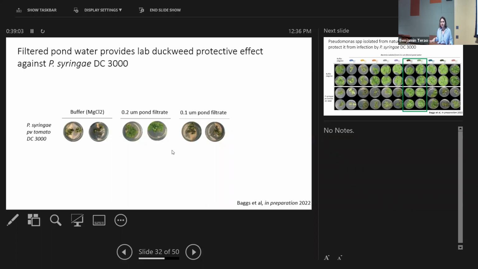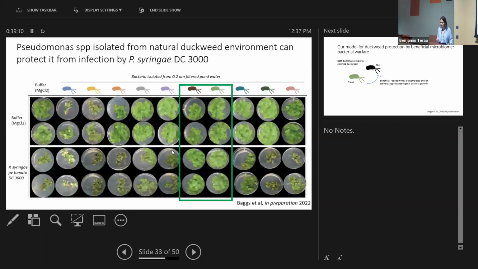So Aaron plated the 0.2 filtrate. There were bacteria in it. She then isolated single strains, and she did co-inoculation assays where she challenged the single strain bacteria isolated from the 0.2 micron filtrate from UC Berkeley Botanical Gardens, together with either bacteria alone, our bad bug, right, the pathogen, on a sterile laboratory strain of duckweed.